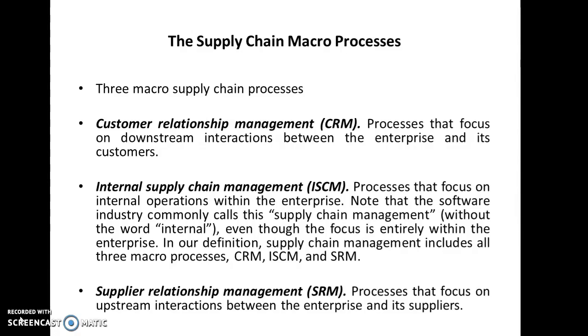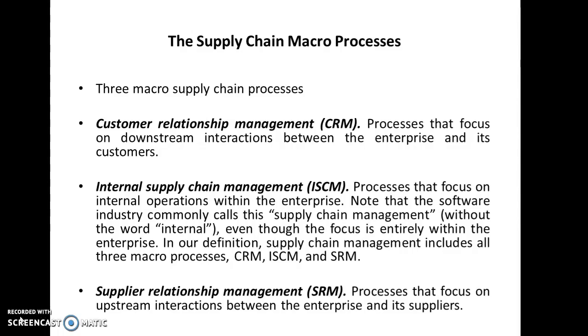The second one is internal supply chain management, shortly called ISCM. Processes that focus on internal operations within the enterprise. Note that the software industry commonly calls this supply chain management, mostly without the word internal, even though the focus is entirely within the enterprise.